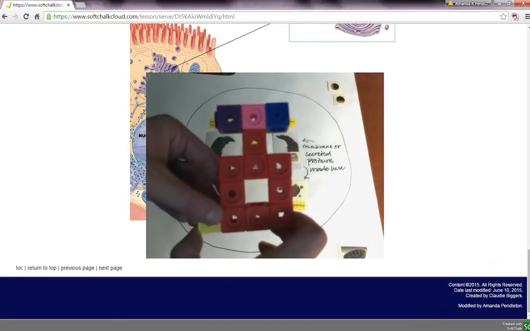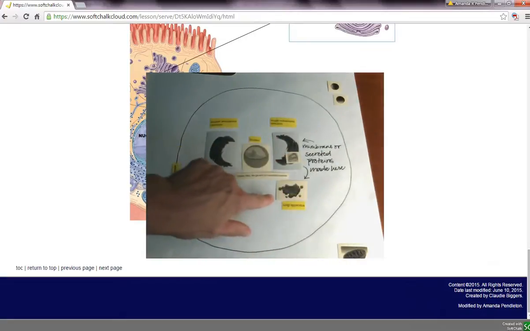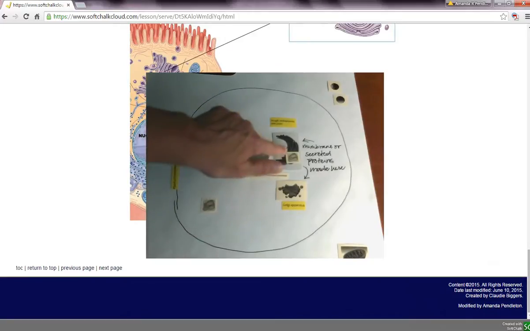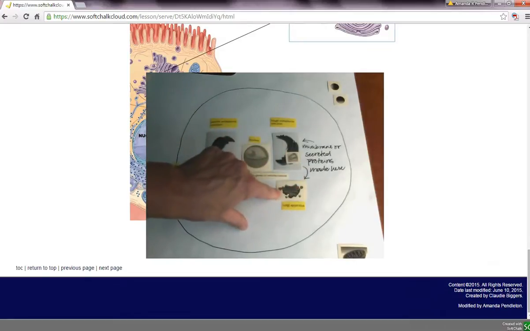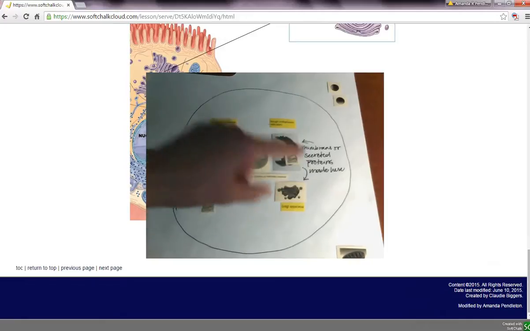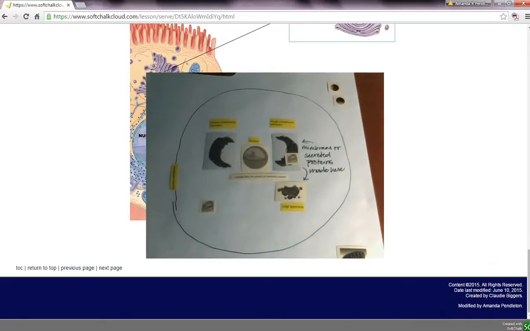So, what the Golgi does by adding carbohydrates to proteins is that usually it makes those proteins functional. So some proteins, they can be made here, but they don't function until a carbohydrate is added to them here.